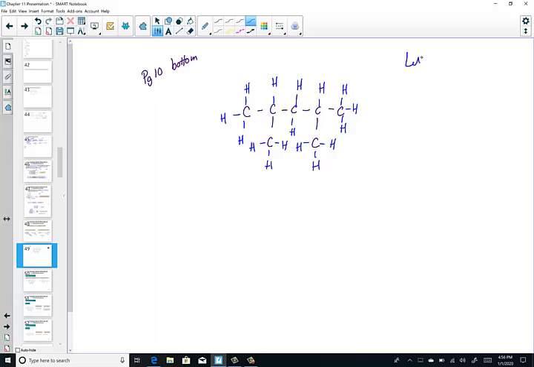What we need to do is write a condensed formula. To make things easier, I'm going to number the carbons in the backbone. I can see 5 carbons in the backbone. Now, let's bring our attention to carbon number 2.